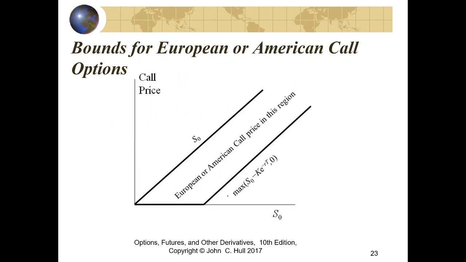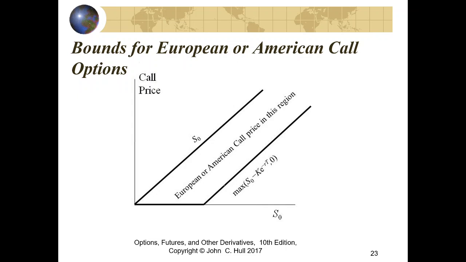Okay, if that's the case for an American call option, that it is not optimal to exercise early, then what would be the bounds for a European call option?